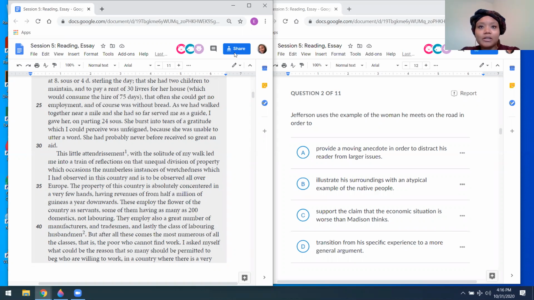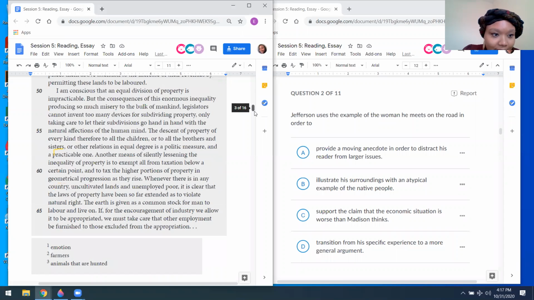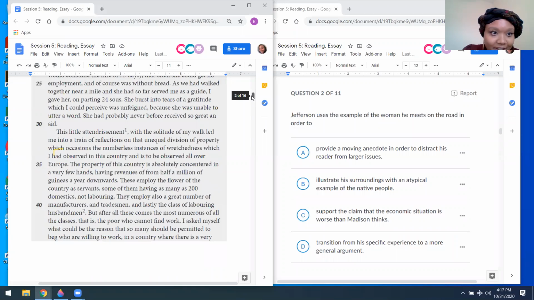Okay, great. So now, what comes after that is that he says this little entrissement, which is French. It has a definition at the end. And it means emotion. All right.